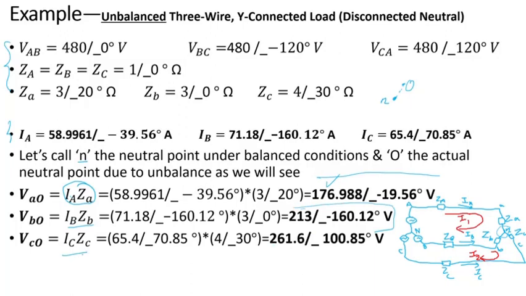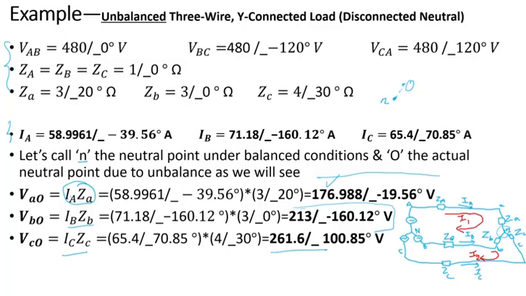VCO, kind of the same thing. I get 261.6 with an angle of 100.85 degrees. So clearly the unbalance caused the line to neutral voltages to shift across the load impedances.